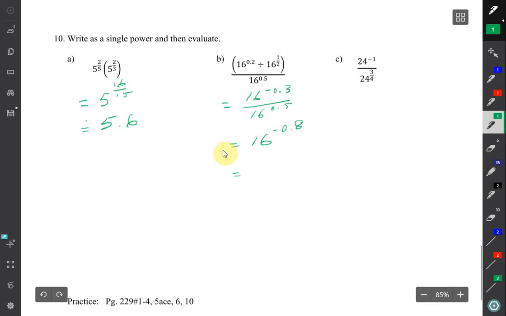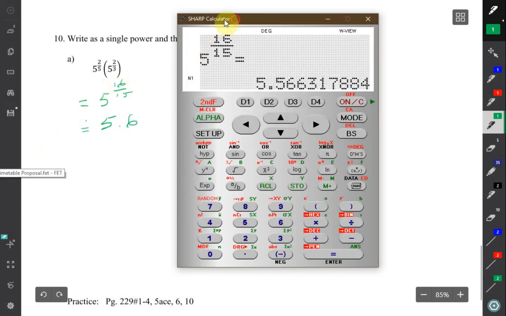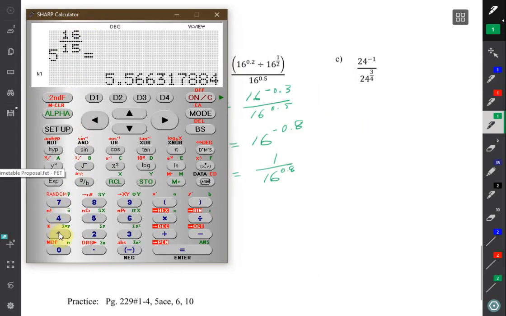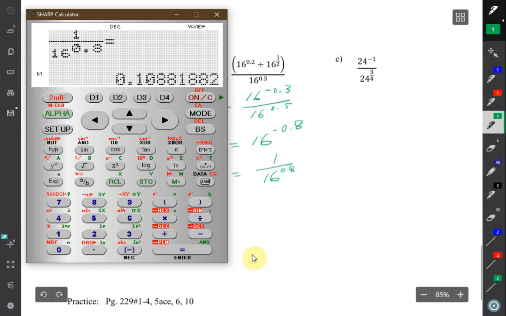Writing this with a positive exponent, that would be 1 over 16 to the 0.8. And putting that in my calculator, that equals 0.11.